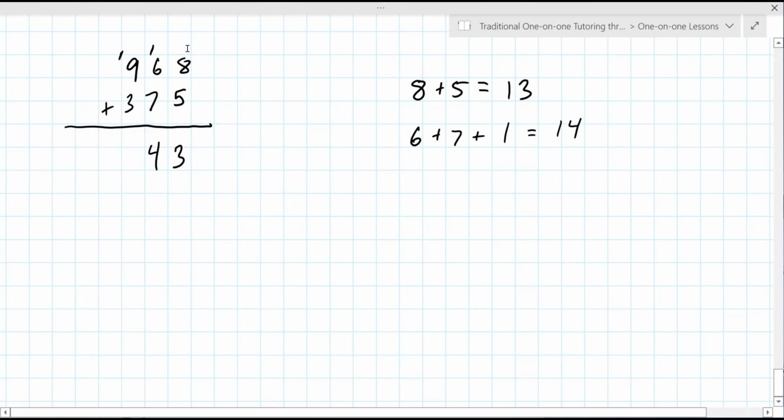So it's 9 plus 3 plus 1. What does that add up to? Yes. And since you're done adding, you can just put that number there at the end.